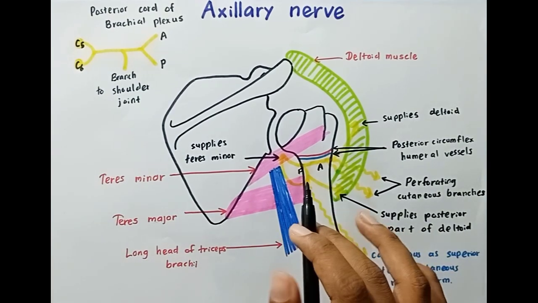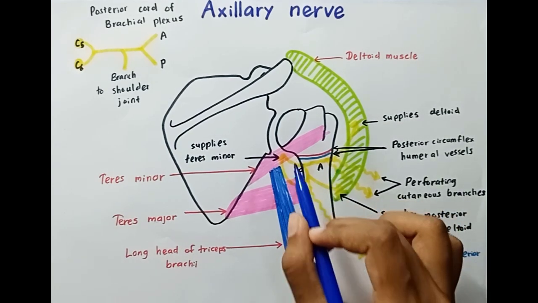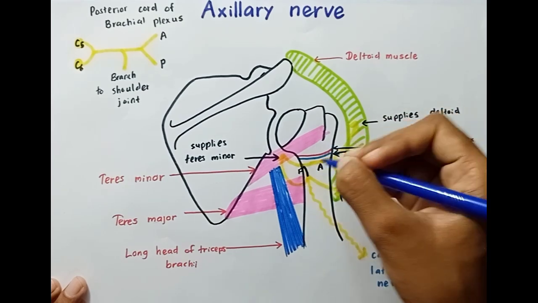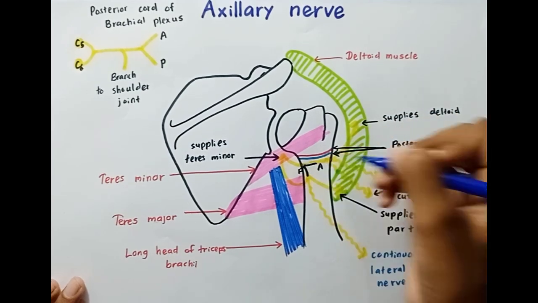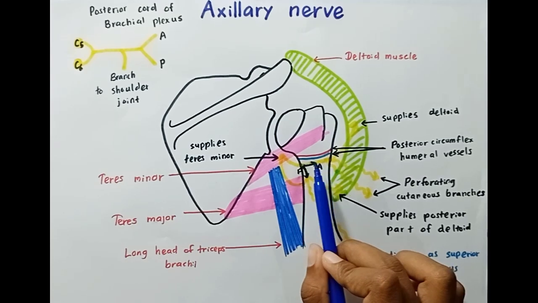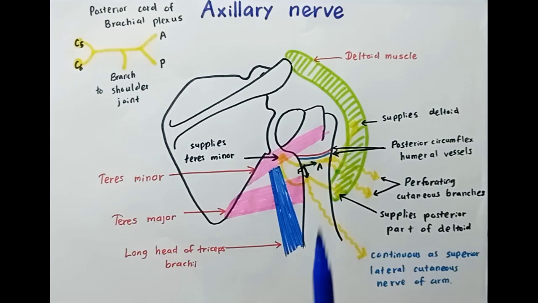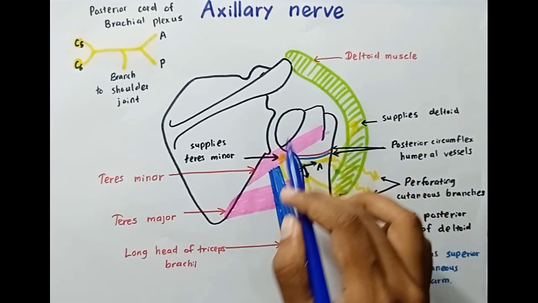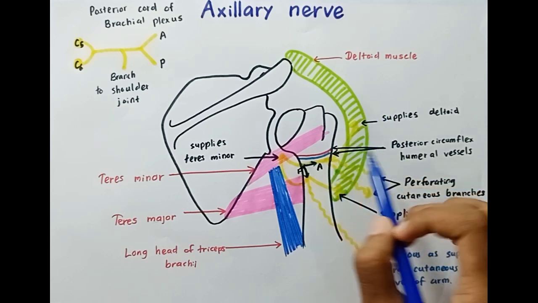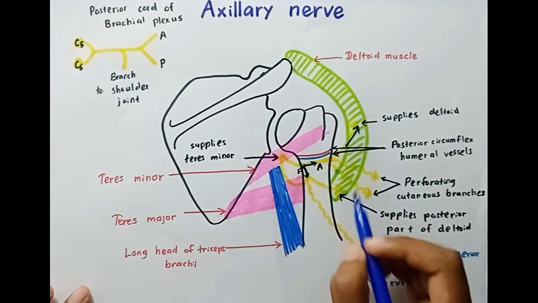So I'll give a brief idea again about this axillary nerve. After passing this quadrangular space, the axillary nerve divides into two, posterior and anterior. The anterior branch continues horizontally with the posterior circumflex humeral vessels around the posterior part of the surgical neck of humerus, and it supplies the deltoid muscle and also gives some cutaneous branches.